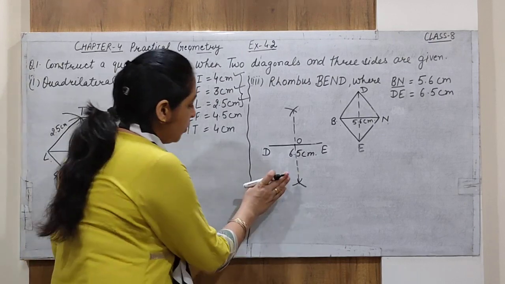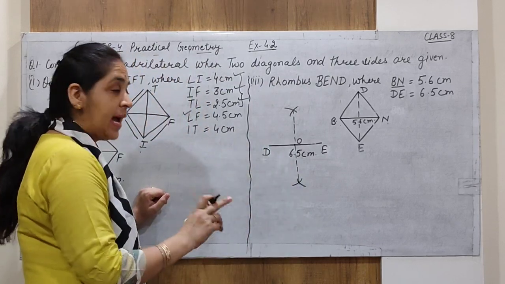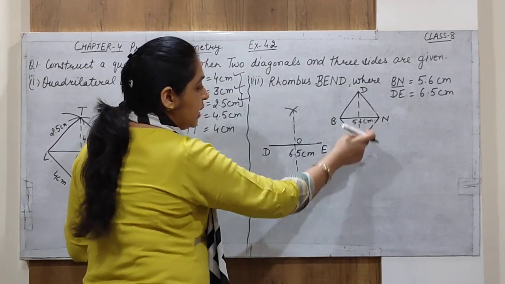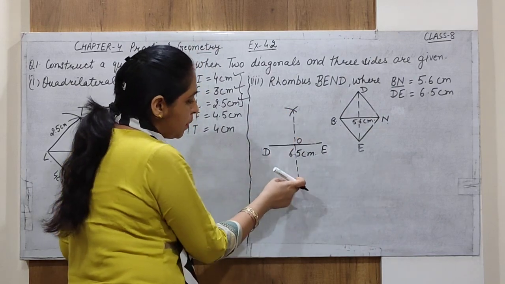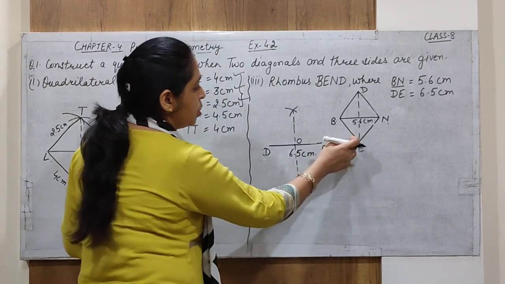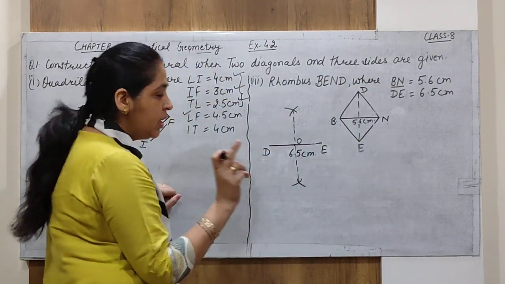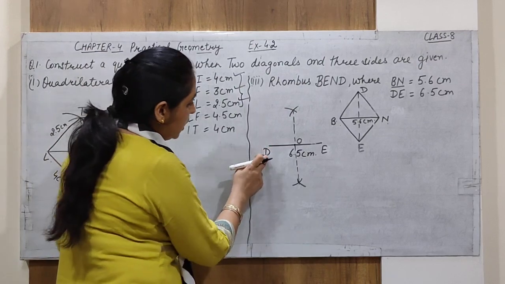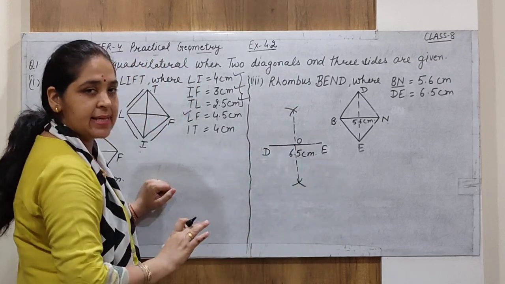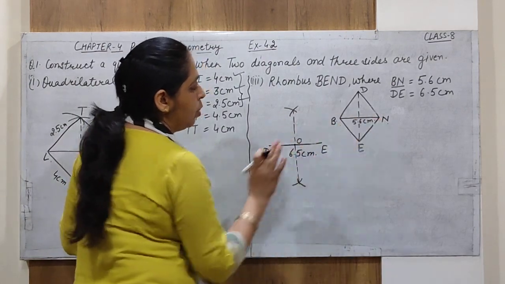With the help of this perpendicular bisector, we draw the second diagonal. DE we already selected as the base, so only the second diagonal BN is left.